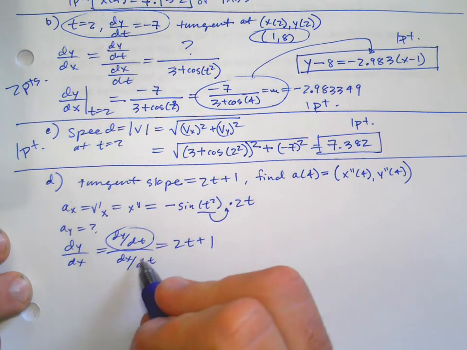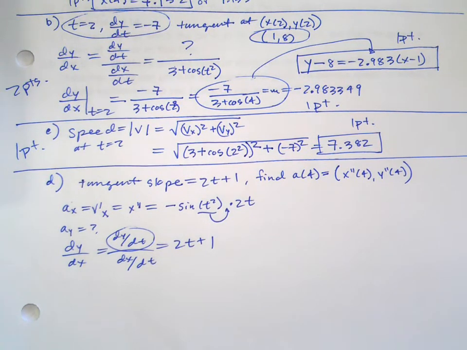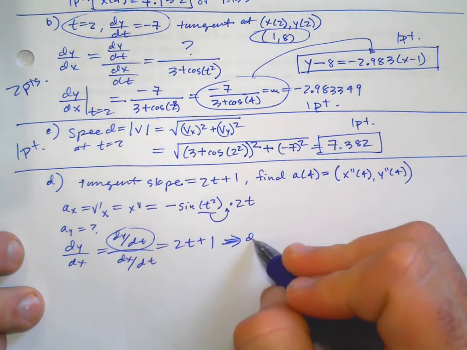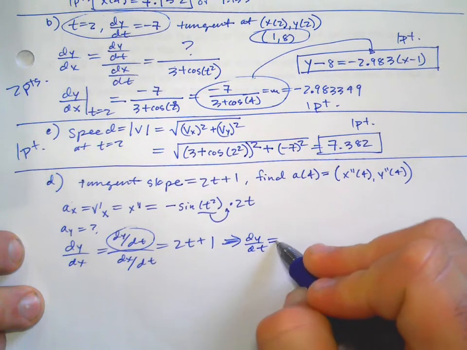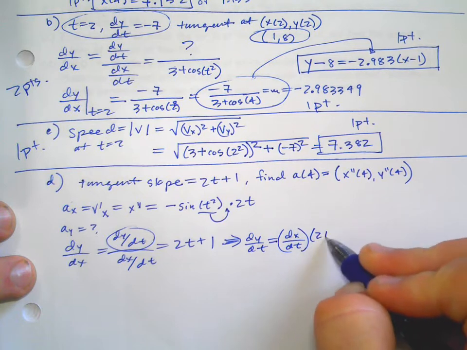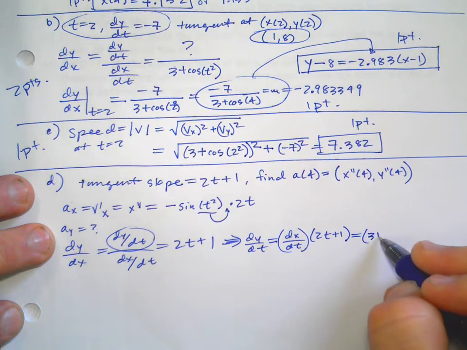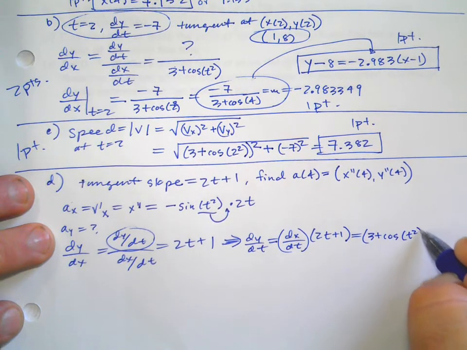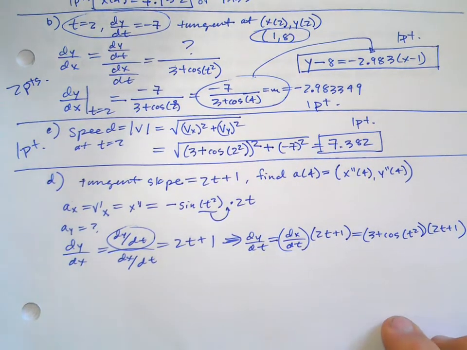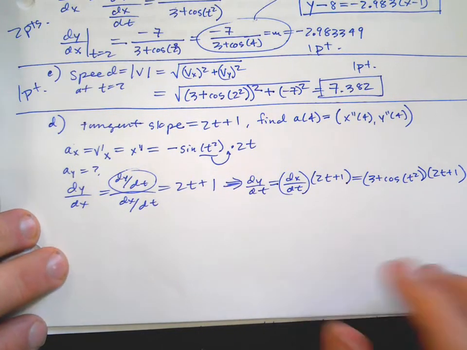And we do know this right here. So we could say, okay, well, dy dt equals dx dt times 2t plus 1. And we know dx dt is 3 plus cosine t squared. So there we go. We've actually created an expression for dy dt, which we need.